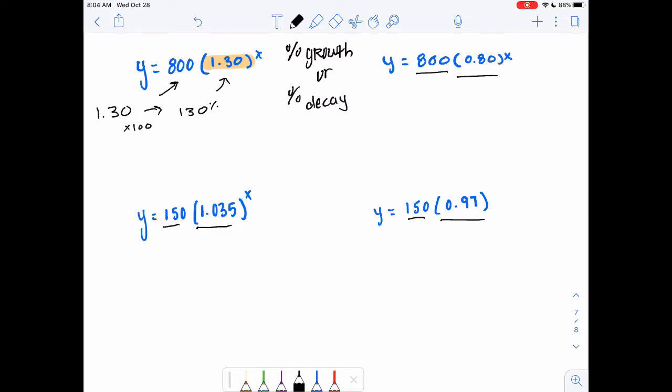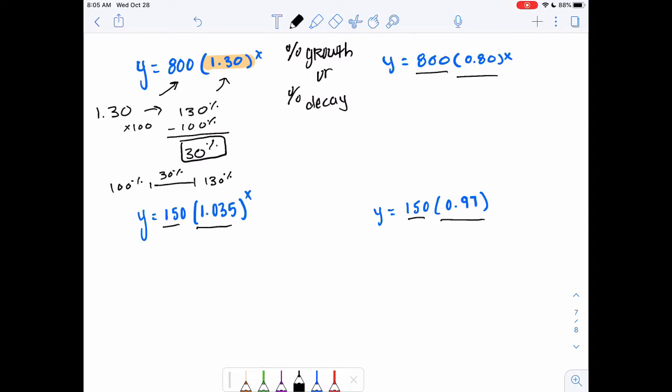And you can do that by subtracting 100%. I see I had a growth rate of 30%, because 100% and 130% are 30% apart.